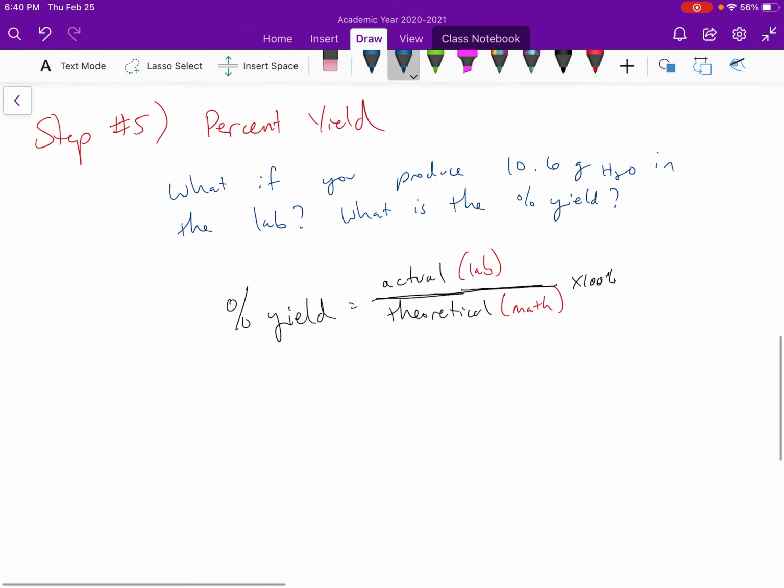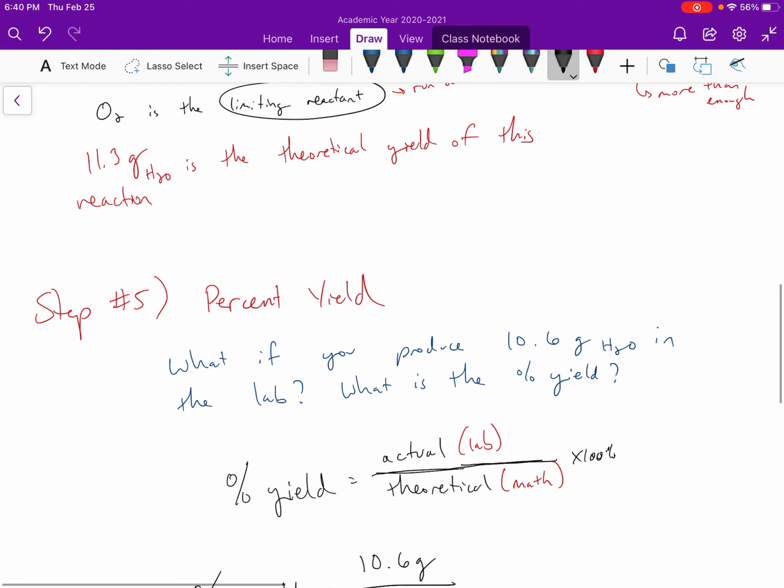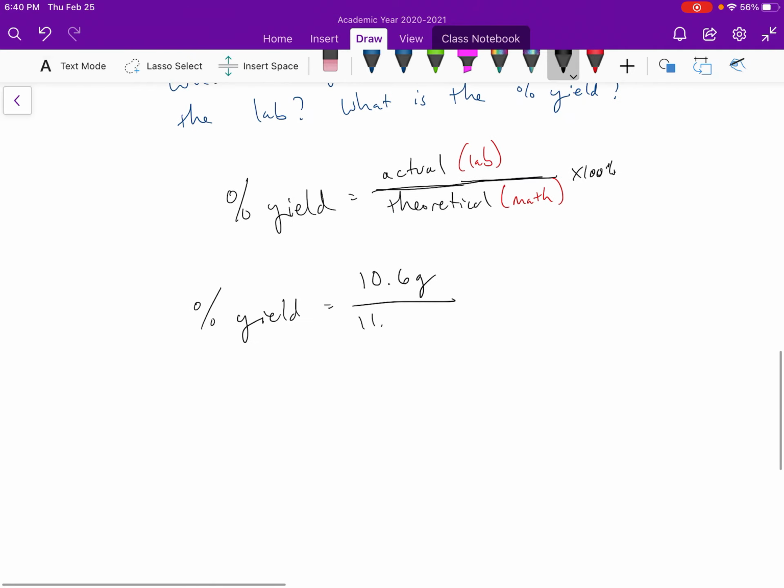So what's our percent yield here? Okay, well, percent yield equals actual from a laboratory setting, in this case 10.6 grams, over the theoretical, which is the math, which is our 11.3 that we predicted we would get, times 100%. And that means 10.6 divided by 11.3 times 100% is going to be 93.8% yield.